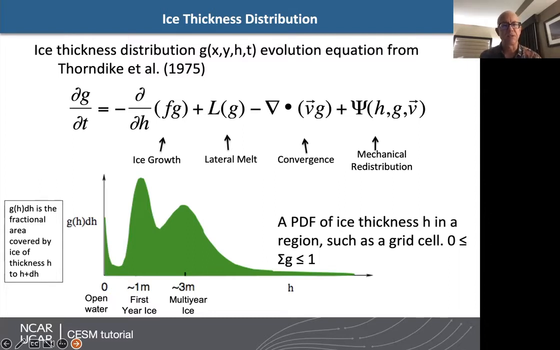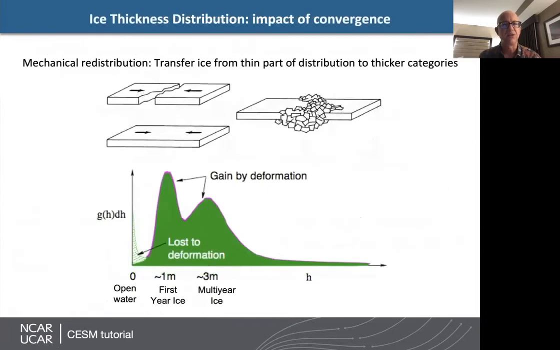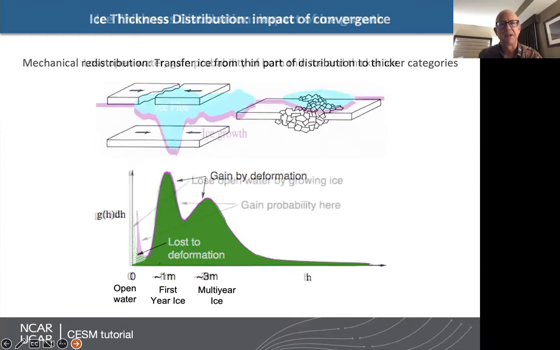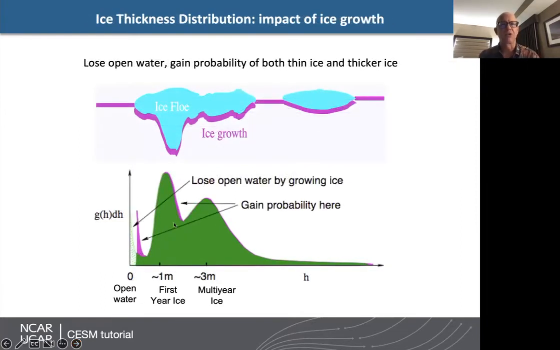And then what happens with the PDF is as you advect it, during deformation and things like that, you could imagine this shift from the green to the purple area where you're gaining ice, but you're actually losing a bunch of this thin ice and losing open water area. And then similarly, through thermodynamic growth, you're going to lose open water because you're growing a bunch of ice, and then you're also accumulating onto the rest of the ice categories.